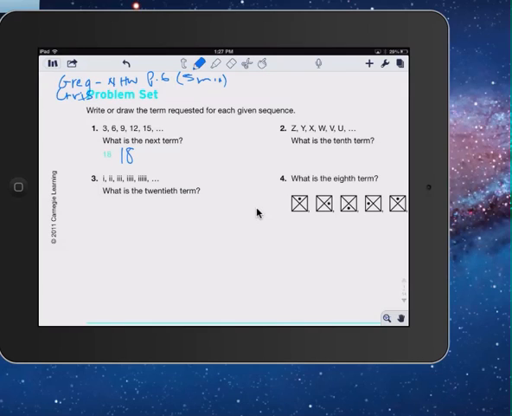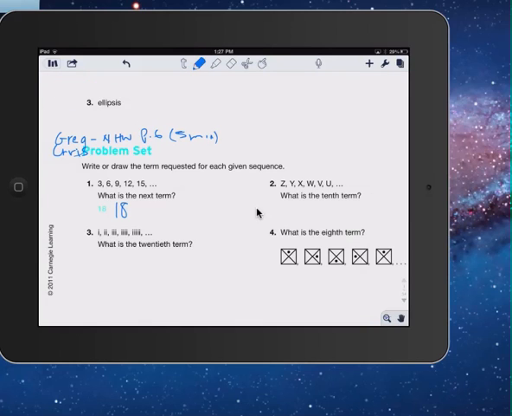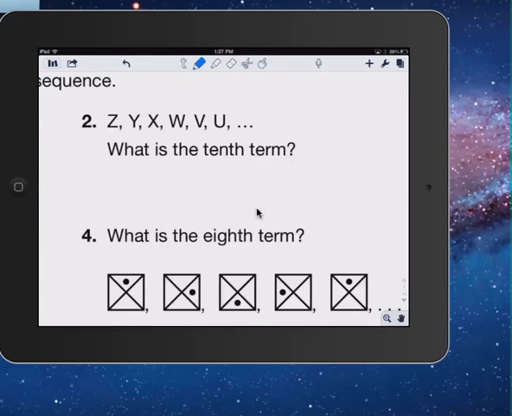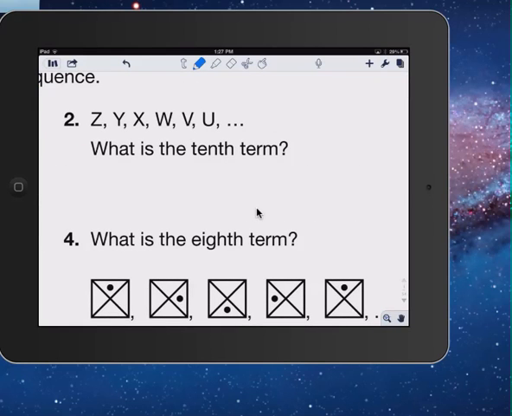Number 2. What was the 10th term? Here's term 1, term 2, 3, 4, 5, 6, 7, 8, 9, and 10.